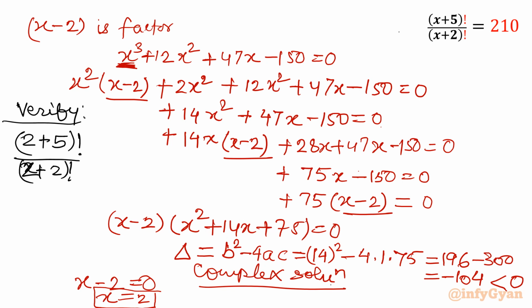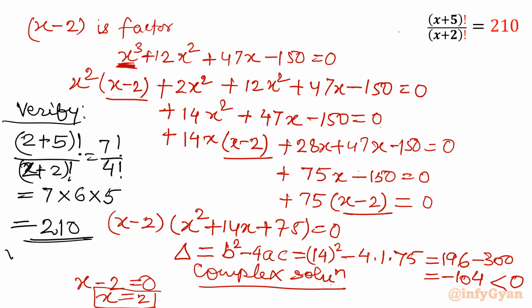So it is basically 7 factorial over 4 factorial. That value will be 7 into 6 into 5, as 4 factorial will be cancelled out. 7 times 6 is 42, times 5 is equal to 210. Hence verified. So our answer is x equal to 2.